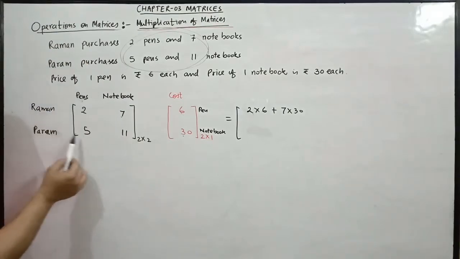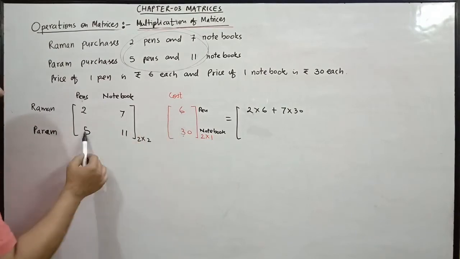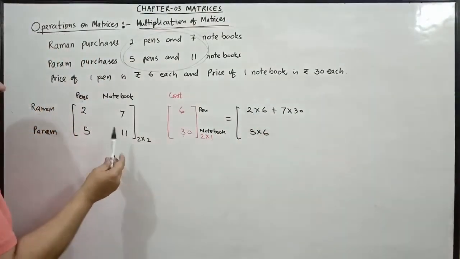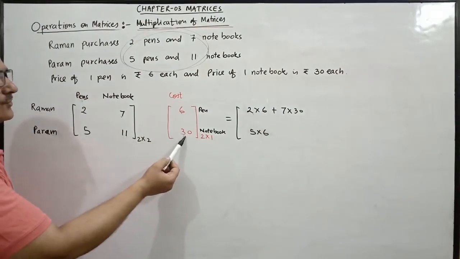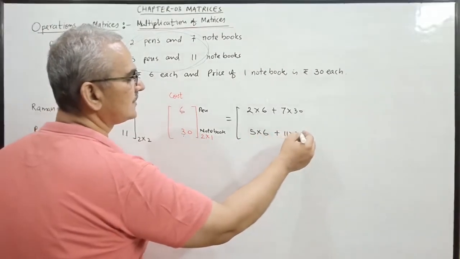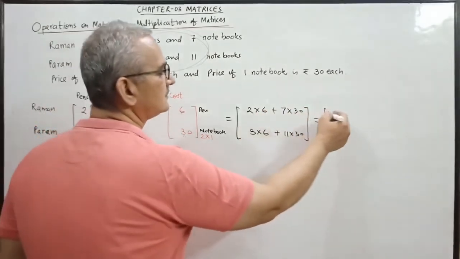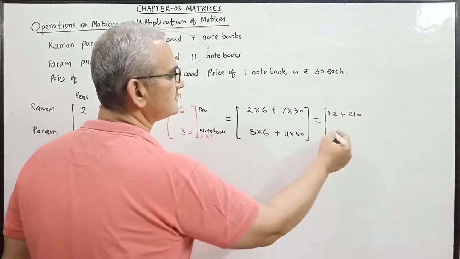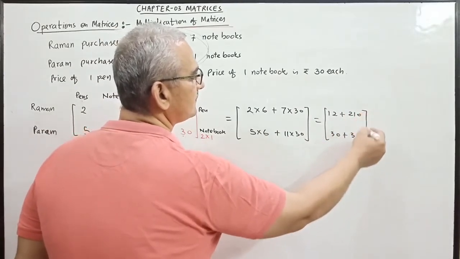Param has purchased 5 pens and the cost of one pen is 6. So 6 multiplied by 5, I am writing here 5 into 6. And then Param purchased 11 notebooks and the cost of one notebook is 30, so 11 multiplied by 30. So here I am getting 2 sixes are 12 plus 7 threes are 21, that is 210. 5 sixes are 30, 11 threes are 33, that is 330.